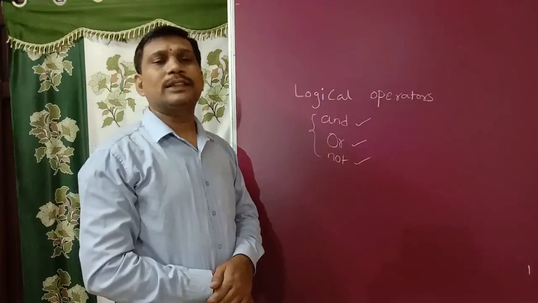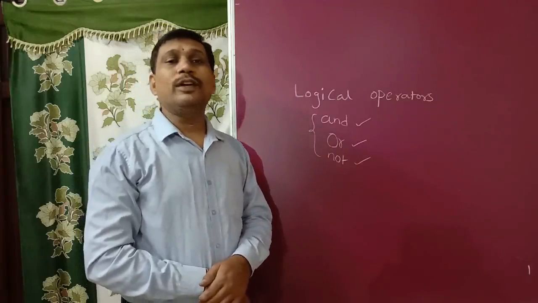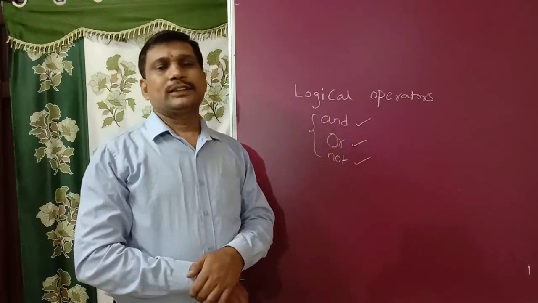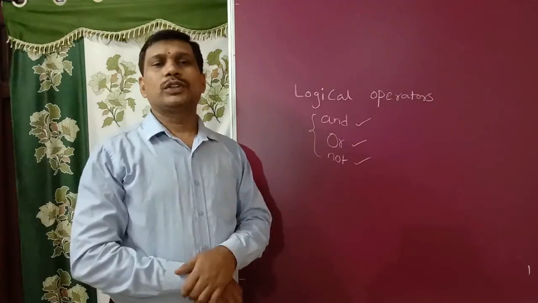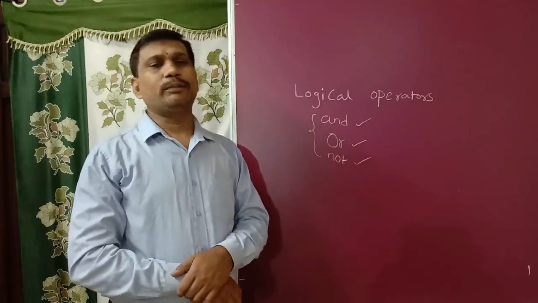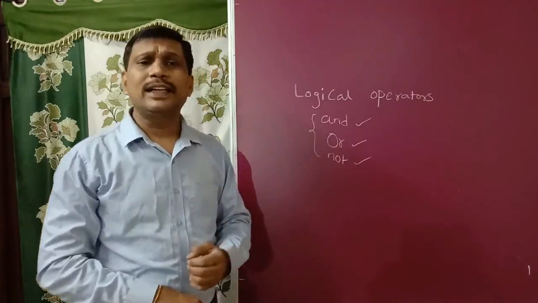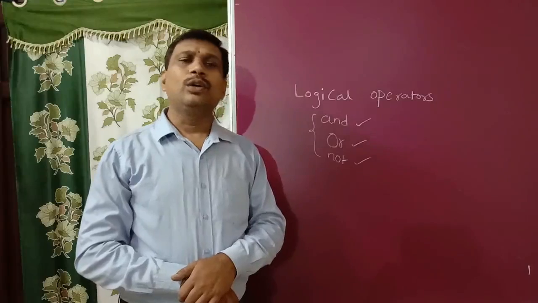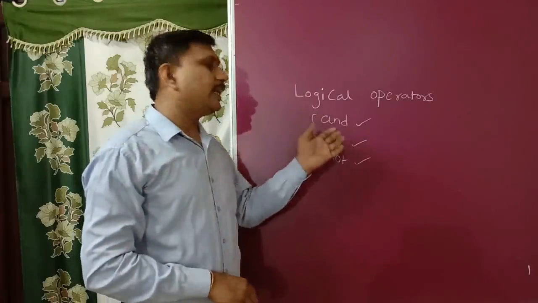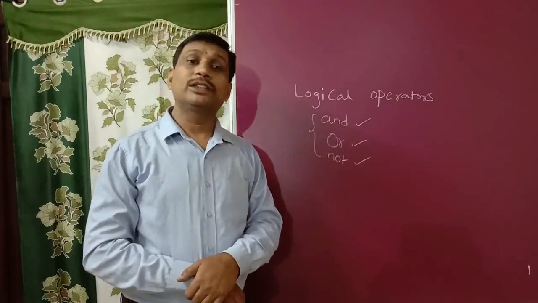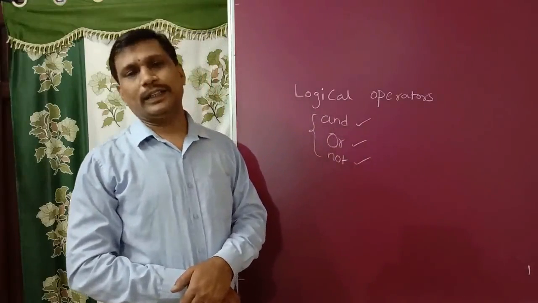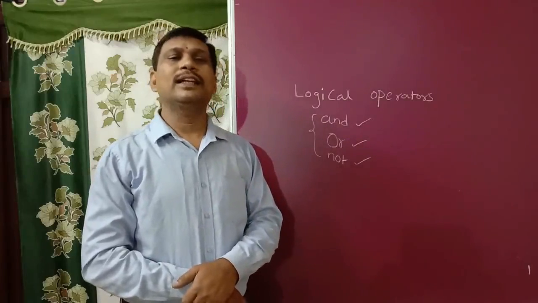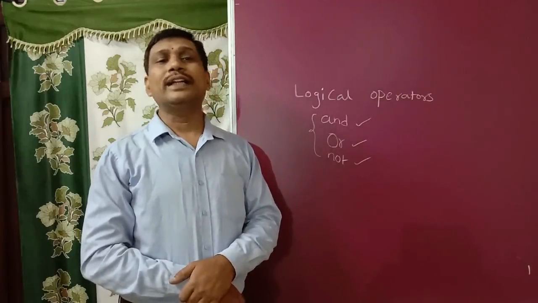These operators are used when you are constructing if conditions, for loops, while loops, and switch case statements. That is, constructing decision making statements and loops. We use these logical operators with relational operators. Already we discussed relational operators: greater than, less than, greater than or equal to, not equal to.